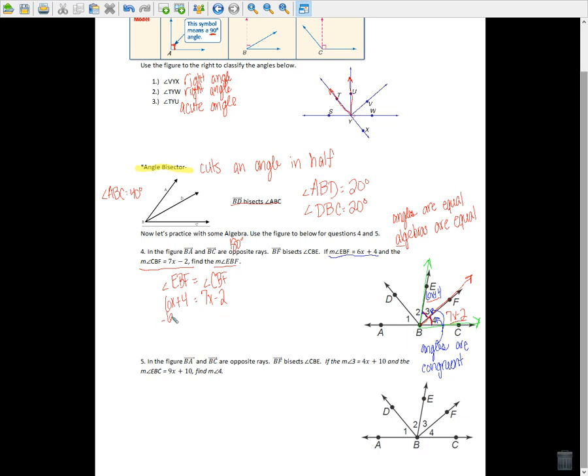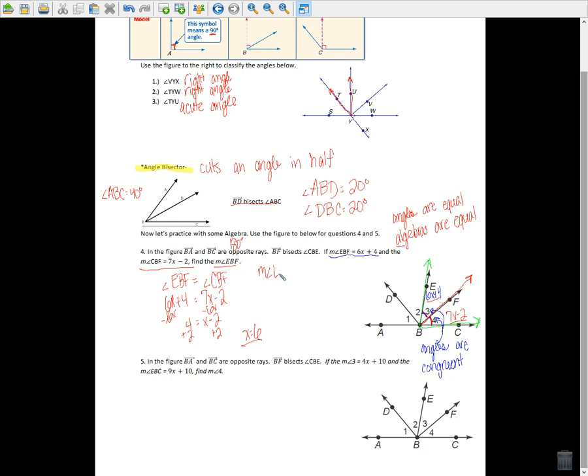So if we solve this, I'm just going to go through this quickly. This is going to be 4 is equal to x minus 2. Add a 2 to both sides, and we get x equals 6. Now that's not the final answer, because they want the measure of angle EBF.